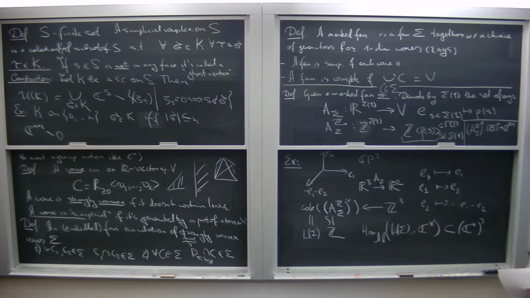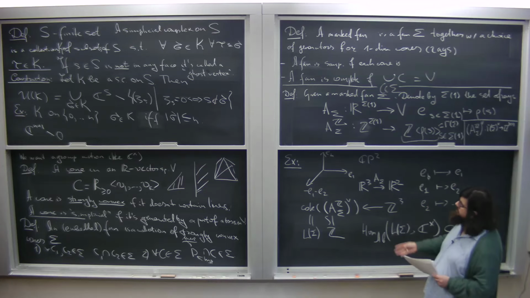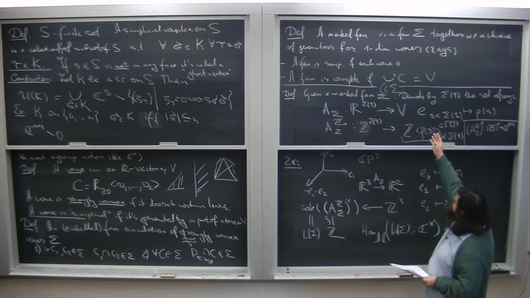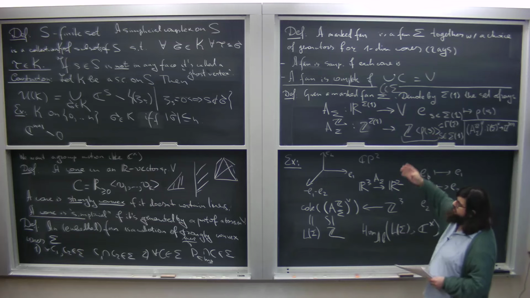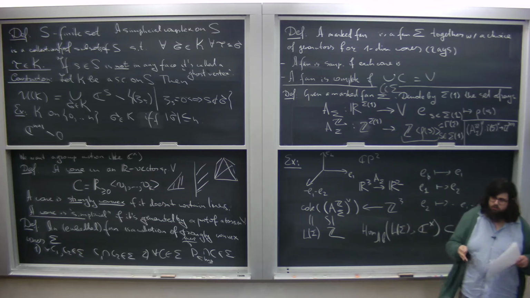So from this data we first built this quasi-affine subvariety of the affine space, and then we built the group action using this additional data of ray generators for some fan. Okay, and now this is the general construction of toric varieties, because obviously you can take a different fan. It has some poset structure on its cones.